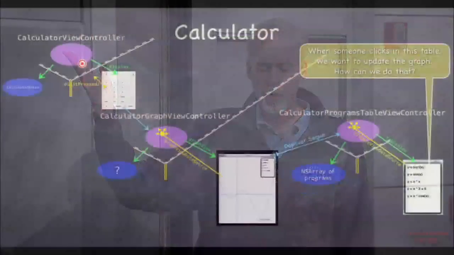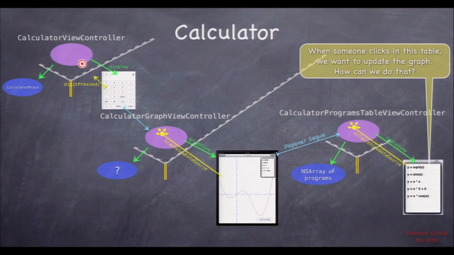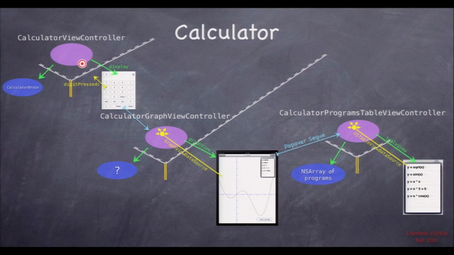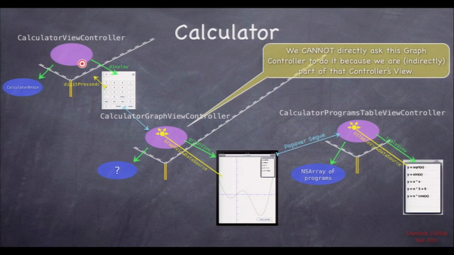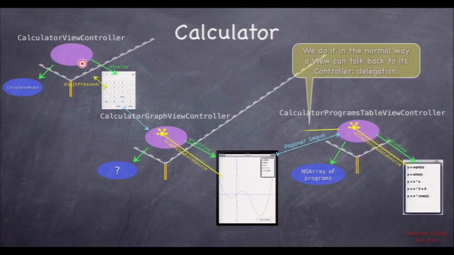We're going to have to talk back when we click on one of the graphs in the popover. But we can't talk to calculator graph view controller because it's our controller, right? Even though we're another controller, we're still part of the view of the calculator graph view controller, so we can't talk back to it. So we're going to have to put in delegation.